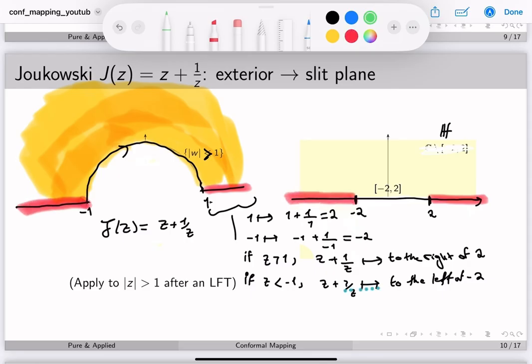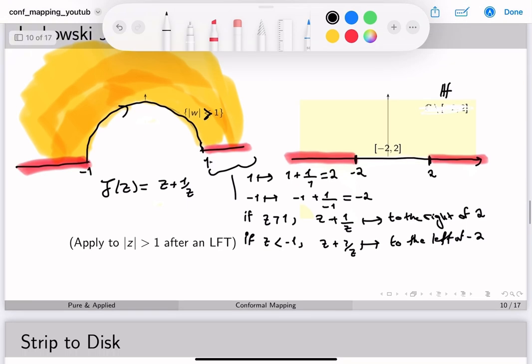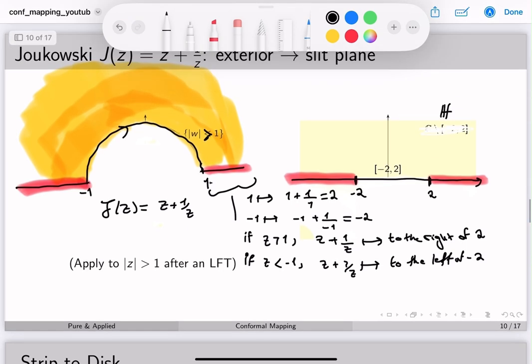And finally, if we look at this arc and we ask ourselves, where does it go? Well, it's also not hard to see. On that arc, the points here are points of the form e to the i theta, for theta between, in this case, if we're going in this direction, minus pi and 0.